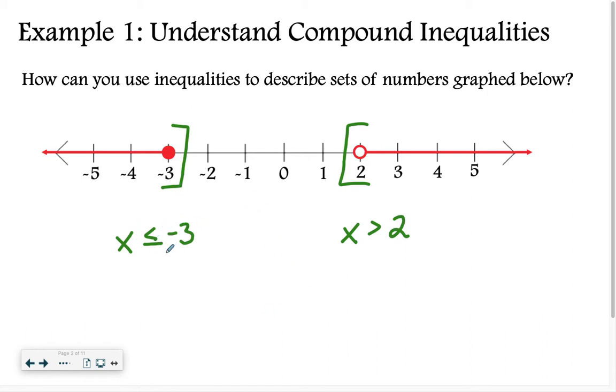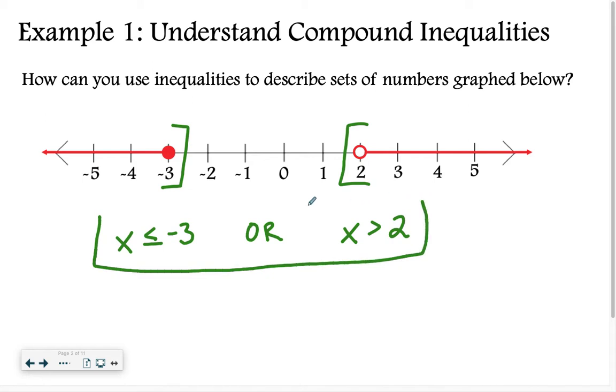Can a number be less than -3 and greater than 2 at the same time? No. So you use the word or. Whenever you have two graphs happening and they can't happen together at the same time, that's an or.